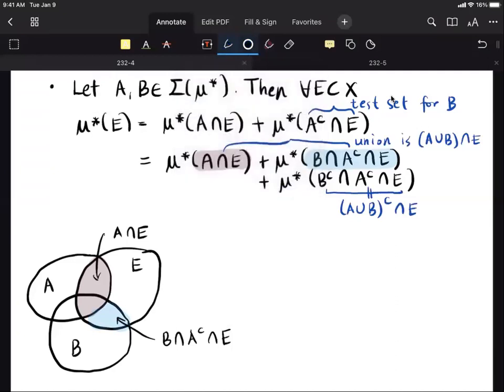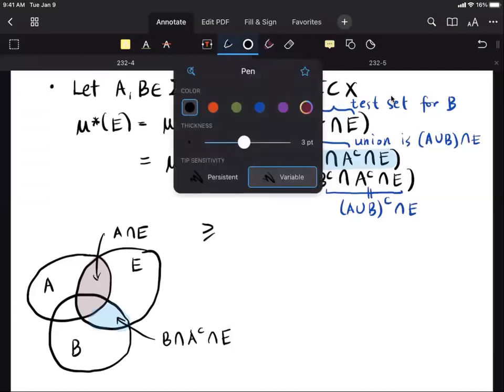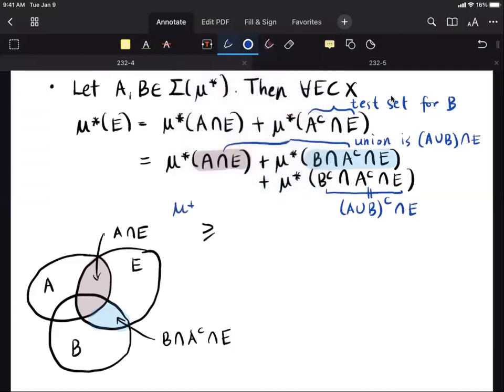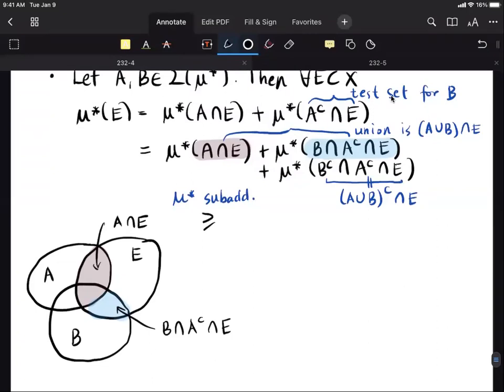So if that would be the case, then by subadditivity of mu star, let us put that here, mu star subadditive. The sum of the outer measures of the two sets is greater or equal to the outer measure of the union.